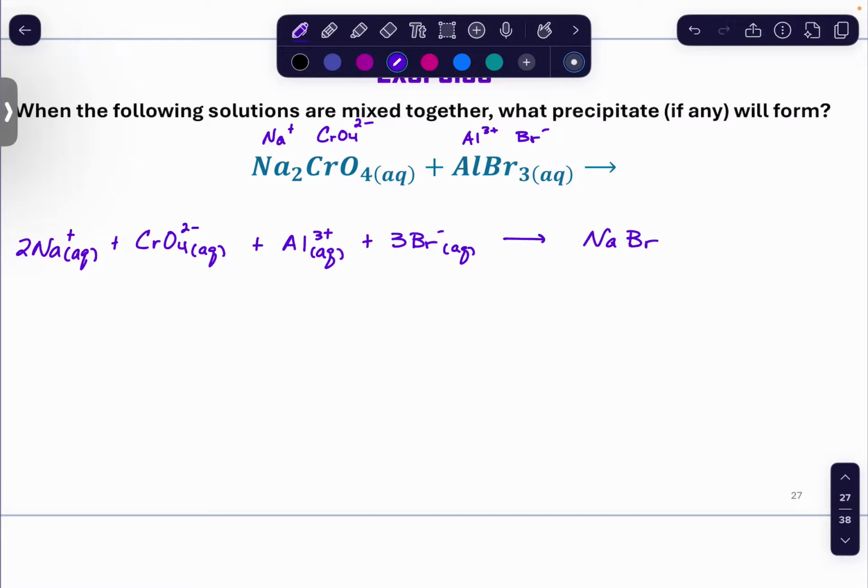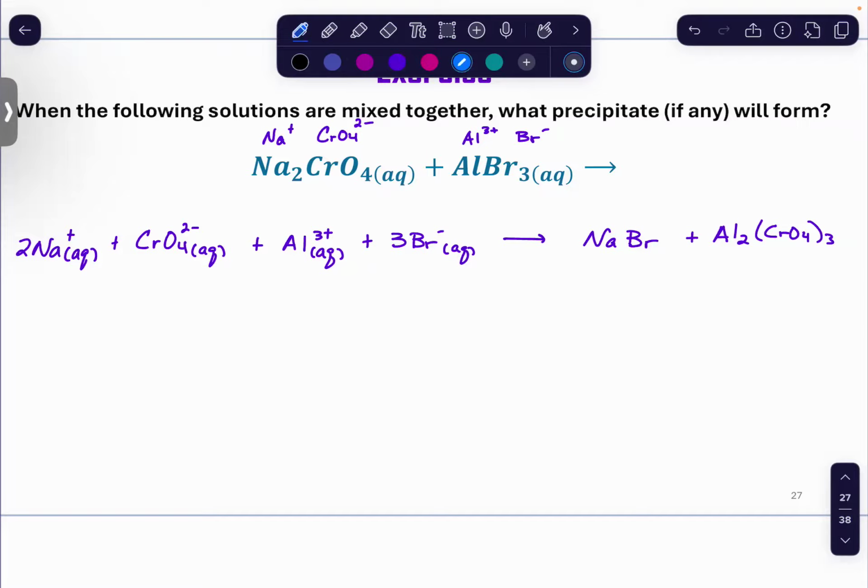And then aluminum is a +3, chromate is a -2. So those can only come together at a charge of +6, -6. If aluminum is a +3, I have to have two of those to get a +6. Chromate's a -2. I have to have three of those to get a -6. So there's your aluminum chromate.